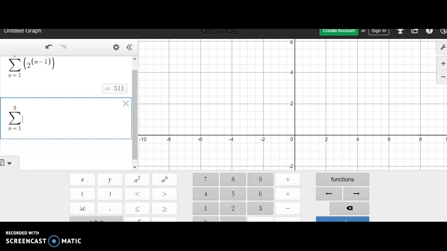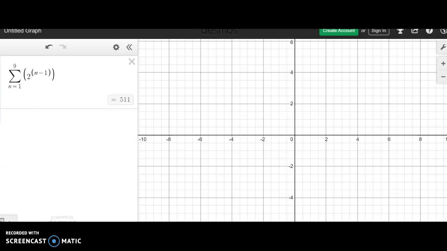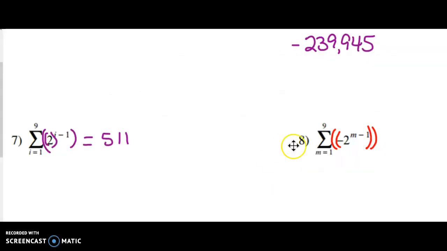And then out here, I have to remember to add my parentheses, 2. And then I'm going to raise it to a power. And whatever's in my power, if it's more than one term, I have to remember to put it in parentheses for Desmos. So n minus 1, close my parentheses, and close that big parentheses. I still get 511.